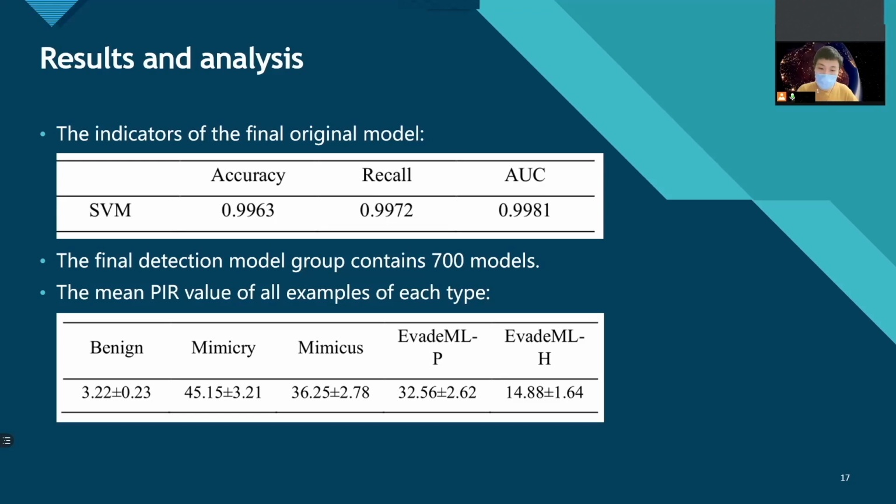Based on its performance, the final generated model group contains 700 models. Table 2 records the mean PIR values of all examples of each type, and it can be seen from the table that the PIR of a benign example is significantly less than the PIR of any adversarial example.